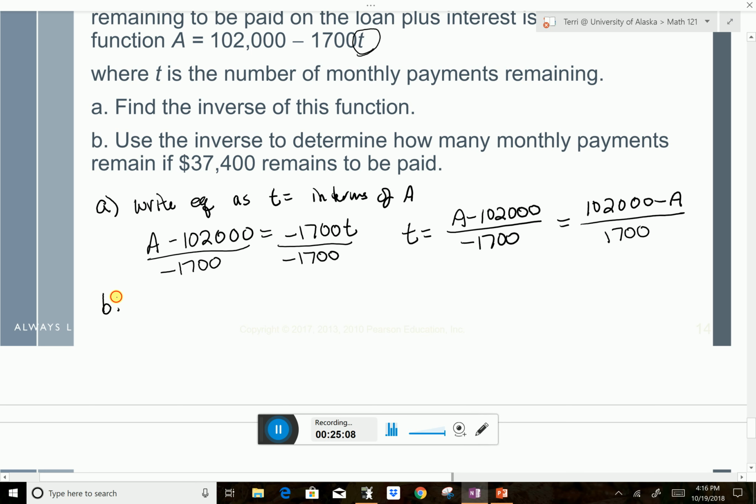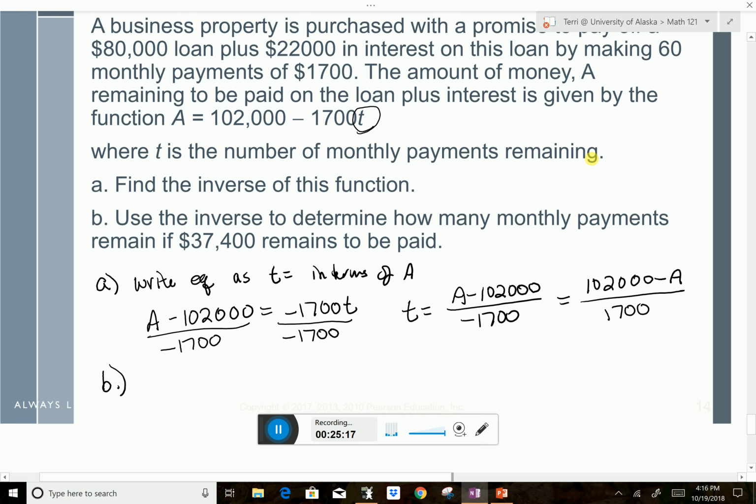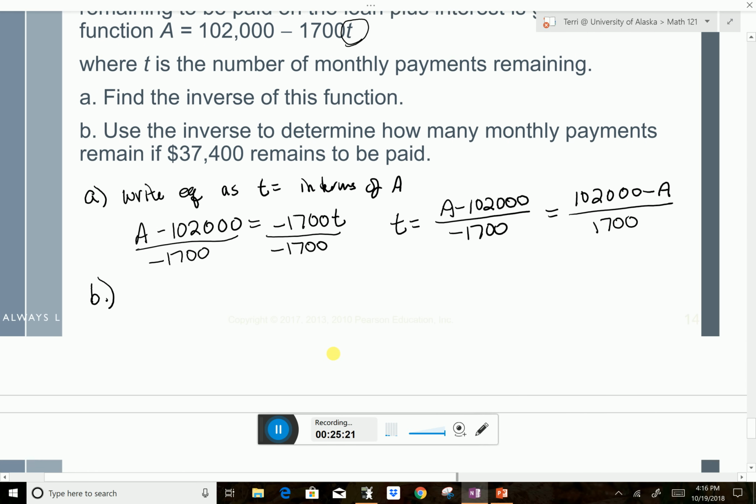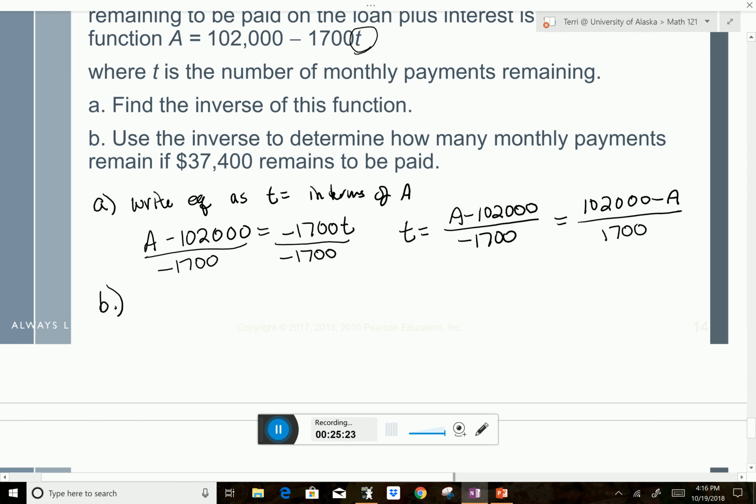Now use the inverse to determine how many monthly payments remain if $37,400 remains to be paid. So let's find out. Here, t equals 102,000 minus 37,400 over 1,700.